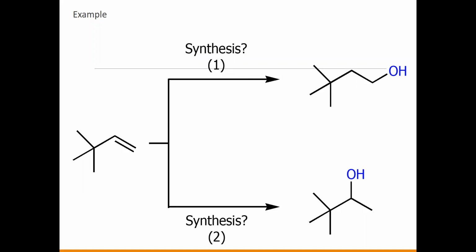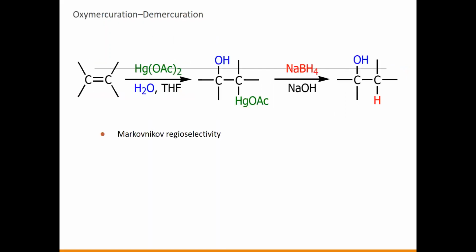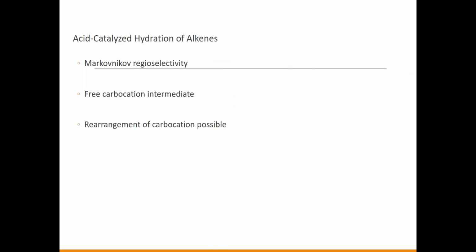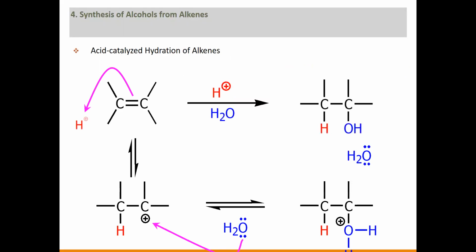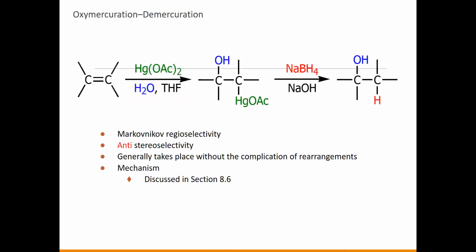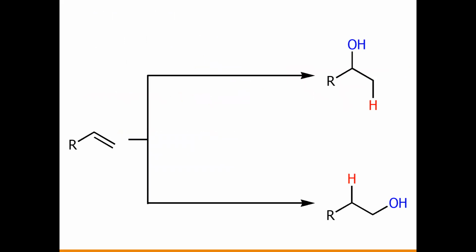You have only 3 options. You can use the acid-catalyzed hydration of alkenes, you can use oxymercuration-demercuration, or you can use the hydroboration-oxidation process. So my question now is, which reagent can be used?